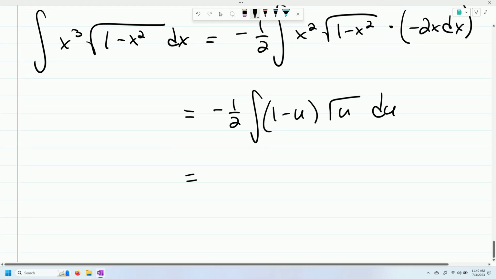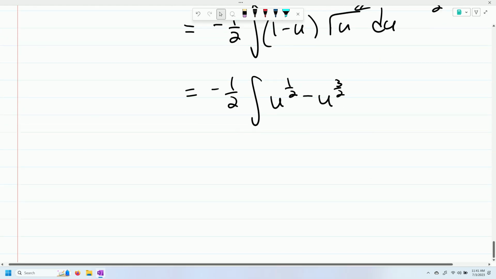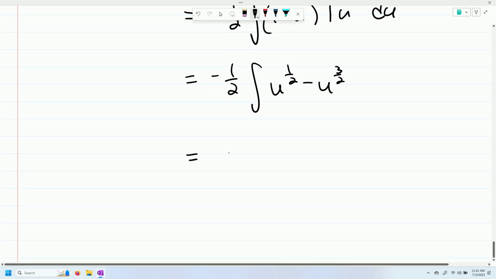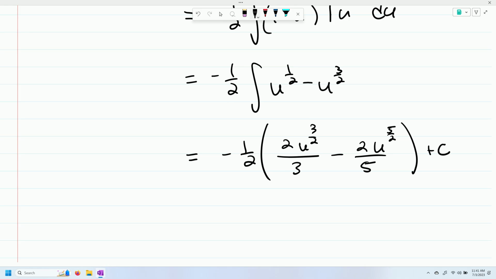Distributing gives us negative 1/2 times the integral of u to the 1/2 minus u to the 3 over 2. In other words, convert this into 1/2 as an exponent. And finally, when you go ahead and integrate this, you're going to get negative 1/2 times a quantity, u to the 3/2 multiplied by 2/3 minus u to the 5/2 times 2 over 5, plus a constant.